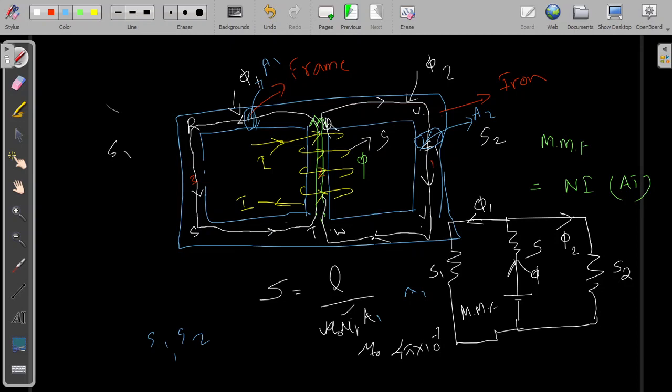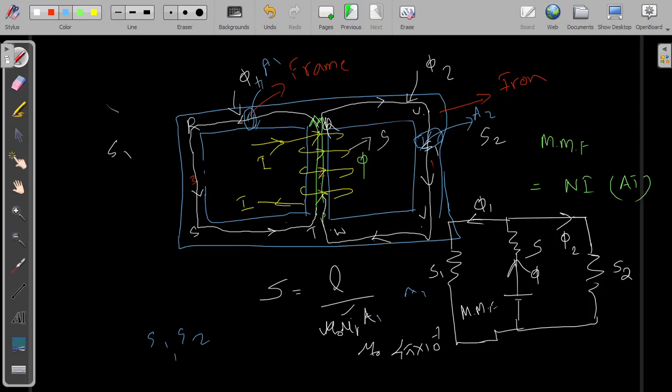Okay. Even if all these parameters are the same, suppose we have the same length for the first path and also the same length for the second path, and your cross-sectional areas A1 and A2 are also the same.